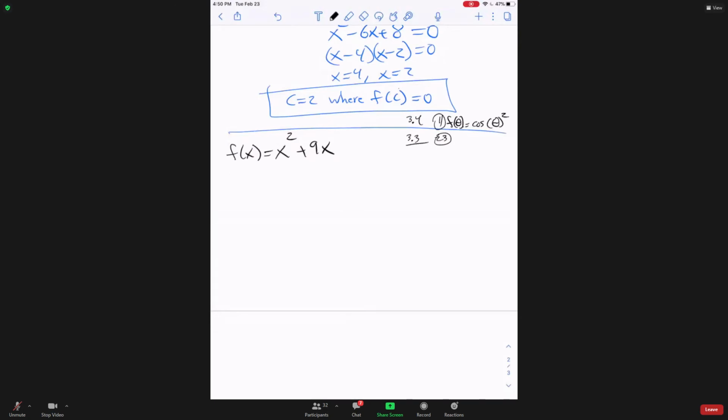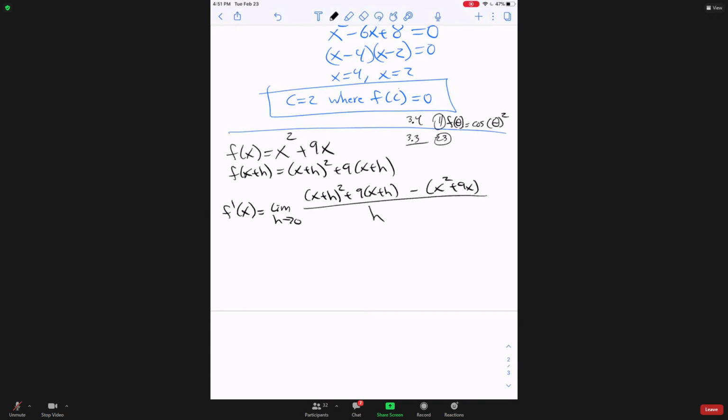All right, let's do this here. f of x plus h equals (x plus h) squared plus 9 times (x plus h). So the derivative is equal to the limit as h goes to 0 of the difference quotient, that's f of x plus h minus f of x, all over h.